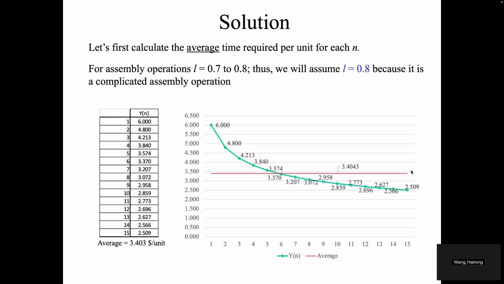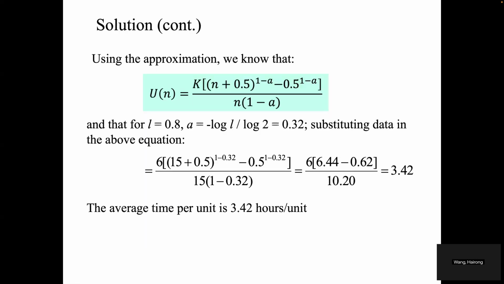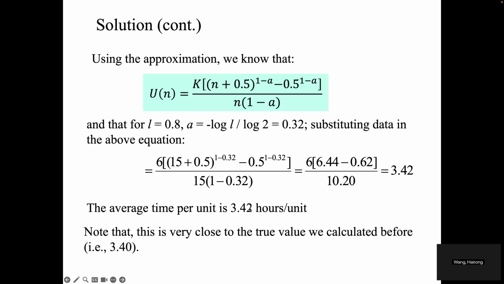Let us revisit the previous slide. Just like the slide shown here, the true average time required for each unit equals 3.4, which is very similar to the result that we calculated using the approximation formula, right?